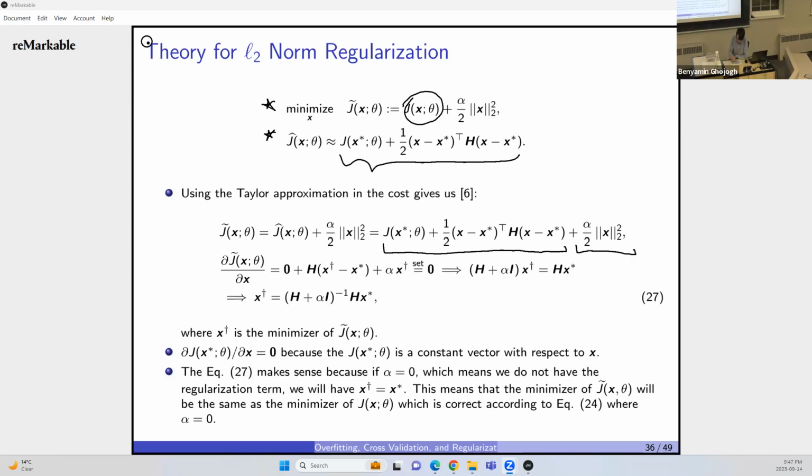What should we do? I'm minimizing this. Take derivative, set it to 0, right? So I take derivative of this J tilde, set it to 0. What is the derivative of this term, J of x star? Note that it's not J of x, it's J of x star.